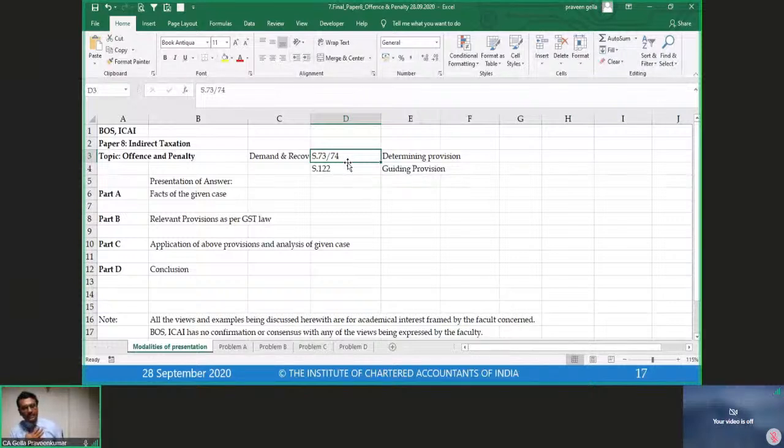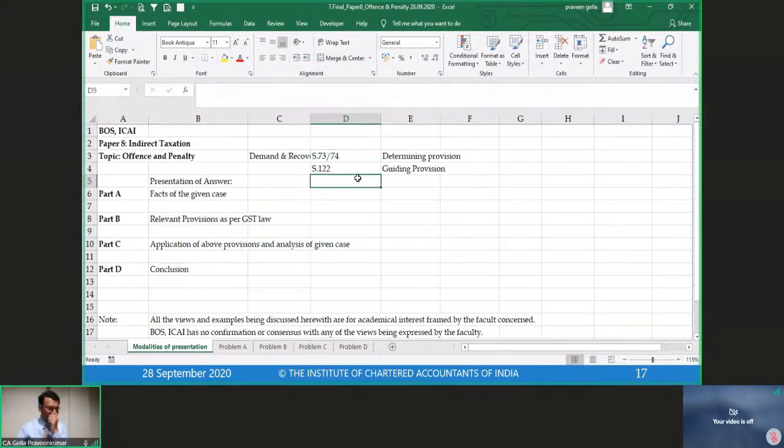So I'll get an input from section 122 for quantifying the amount that I will demand by virtue of section 73, 74. So I wouldn't say they are overlapping sections, where a penal provision under 73 and a penal provision under 122 both come into the picture. I get guidance from section 122 till 138. Based on these sections, I'll come to my demand and recovery provisions, as discussed in the last class, and I'll recover something called penal provisions. Hope I have clarified your point, J.